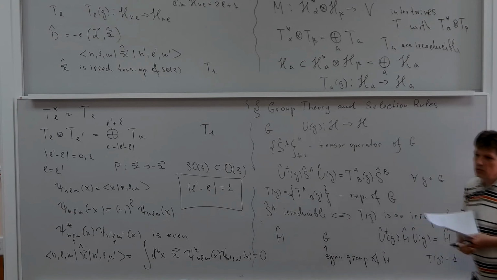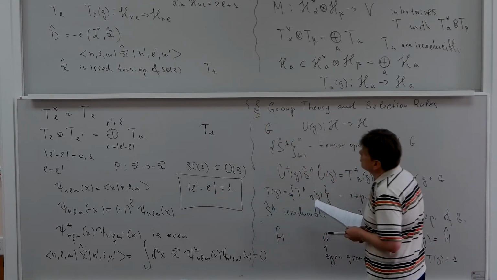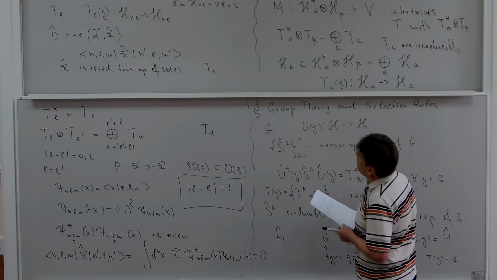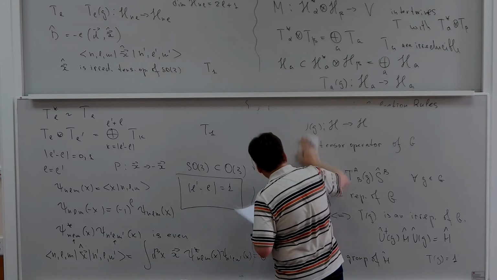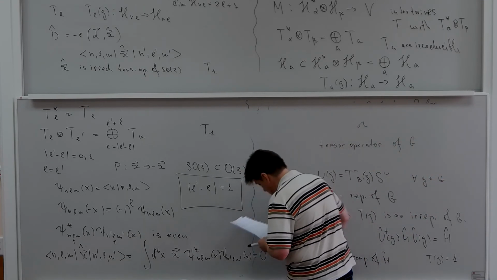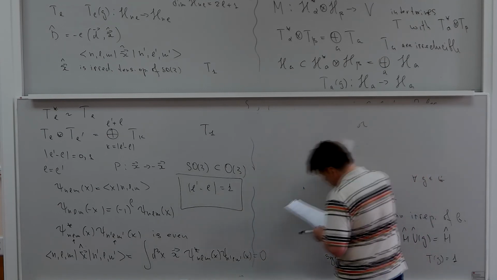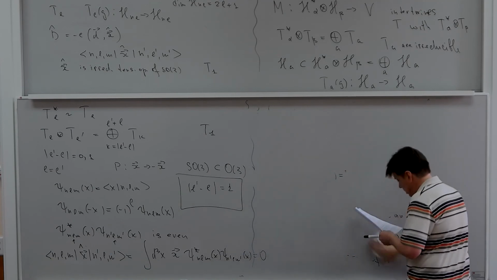This is the selection rule for electric dipole transitions. And similar arguments apply to the derivation of the selection rules with respect to the magnetic number m.